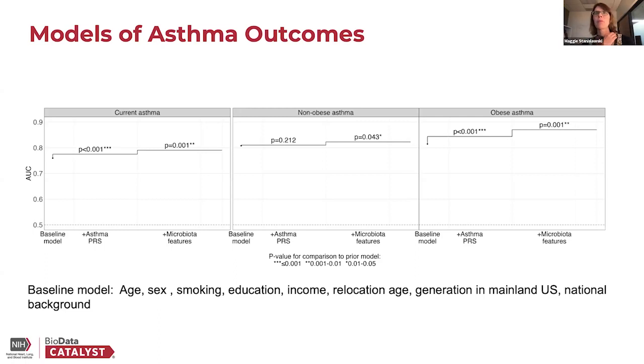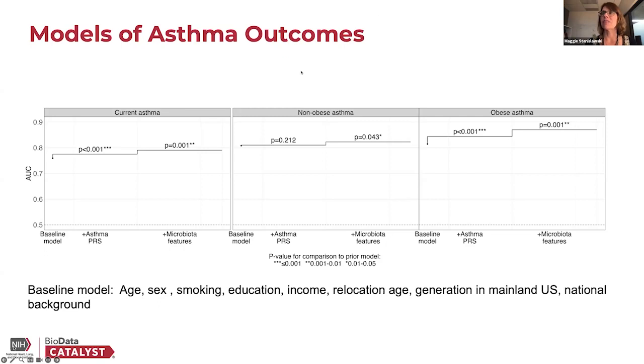When we looked at current asthma, we saw that the polygenic risk score improves our modeling of current asthma above and beyond baseline risk factors. That's shown with this p-value here that's highly significant. When we add microbiota features, it again improves the model. So these are adding independent information that's not captured by our baseline risk factors.